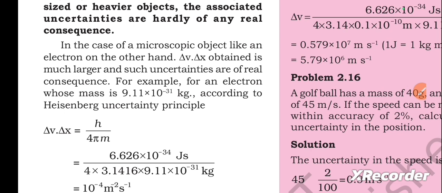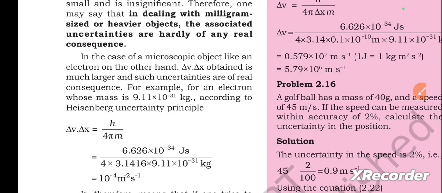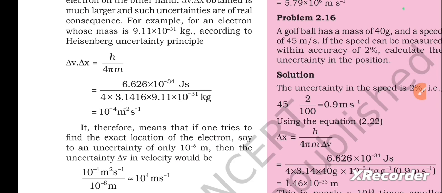For example, for an electron whose mass is 9.11 × 10^-31 kg, according to the Heisenberg uncertainty principle, delta v into delta x equals h by 4 pi m, which gives rise to 10^-4 m² s⁻¹.